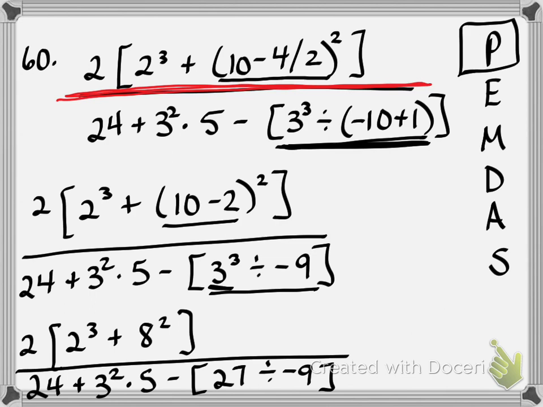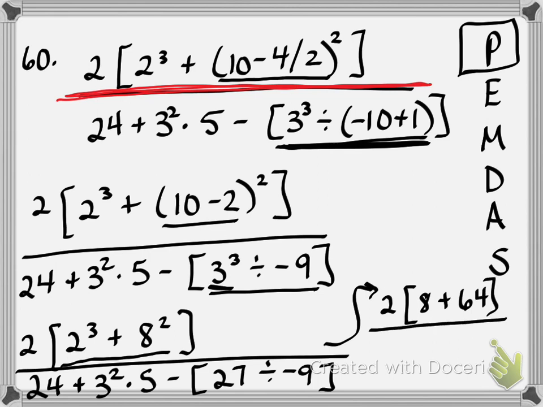I should always try to write smaller. Back to the numerator again. We're working in this bracket, and inside the bracket, we have exponents. We can go ahead and do 2 times 2 times 2, and we can go ahead and do 8 times 8.